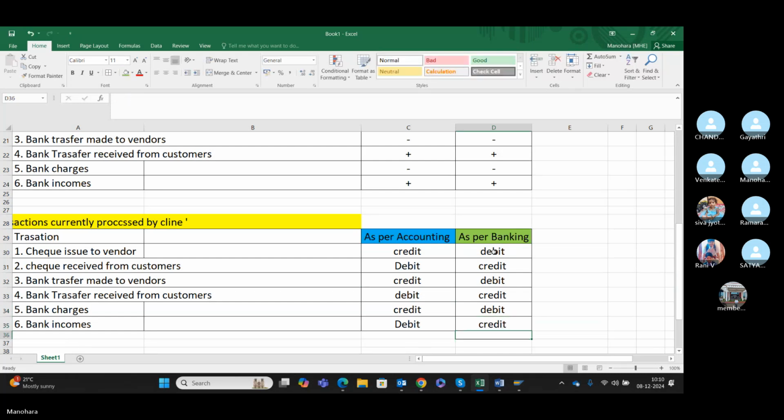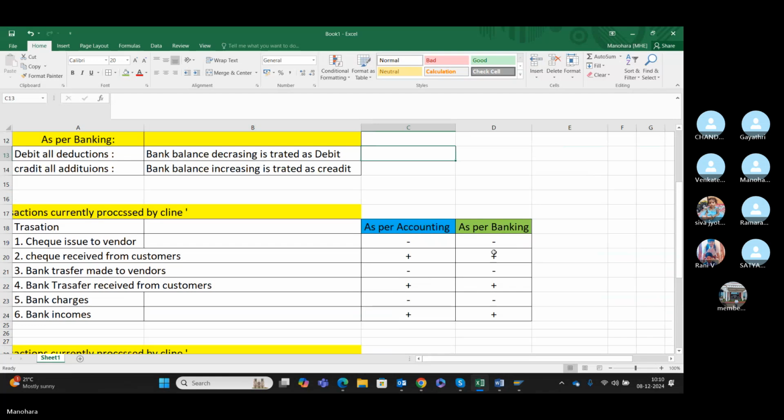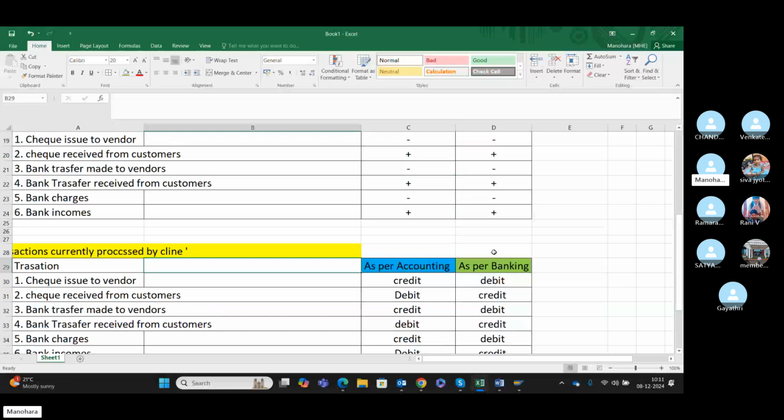So is understanding debit and credit easy, or is minus and plus easy? We also get confused about what is debiting and what is crediting, as per accounting and as per banking. Even the system gets confused.